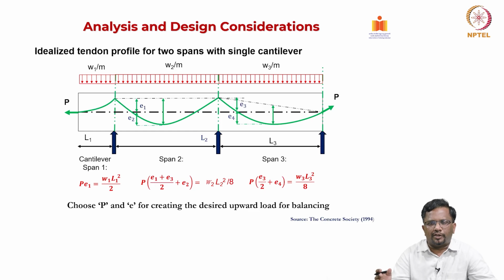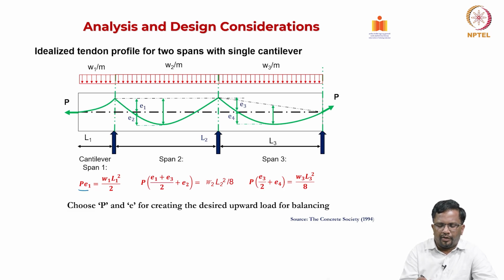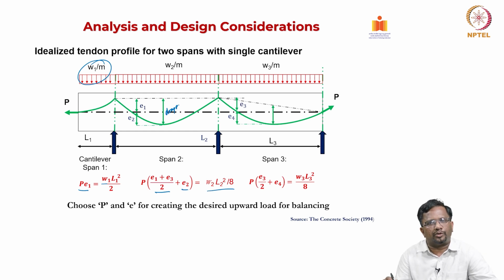Right. This is another example. You have a 2-span system with a hanging cantilever. Again, for this one also we can calculate P into E1 will be equal to W1 into L1 square by 2. So, that will give me the W1 acting for this span. Similarly, W2 will be equal to your drape. This is your drape. Now, we can calculate the drape as E1 plus E3 by 2 plus E2, that should be equal to W2 into L2 square by 8.